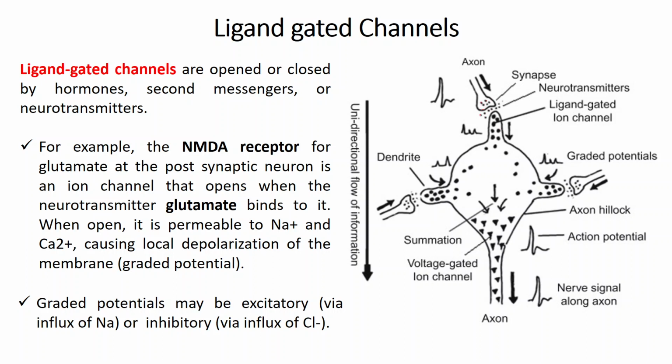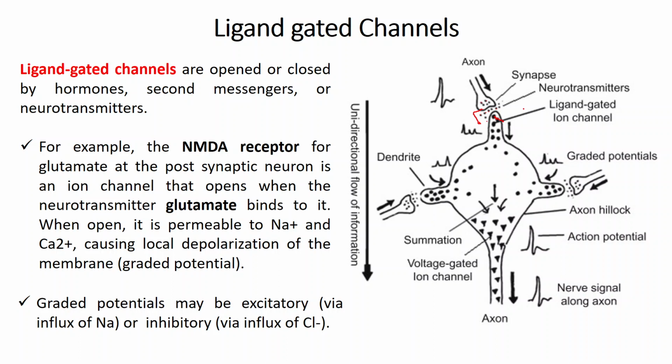These are chemical mediators, which will be released in the cleft here. These neurotransmitters will bind to ligand-gated ion channels. What's in here in the dendrites are ligand-gated ion channels, not voltage-gated channels. They are ligand-gated ion channels.